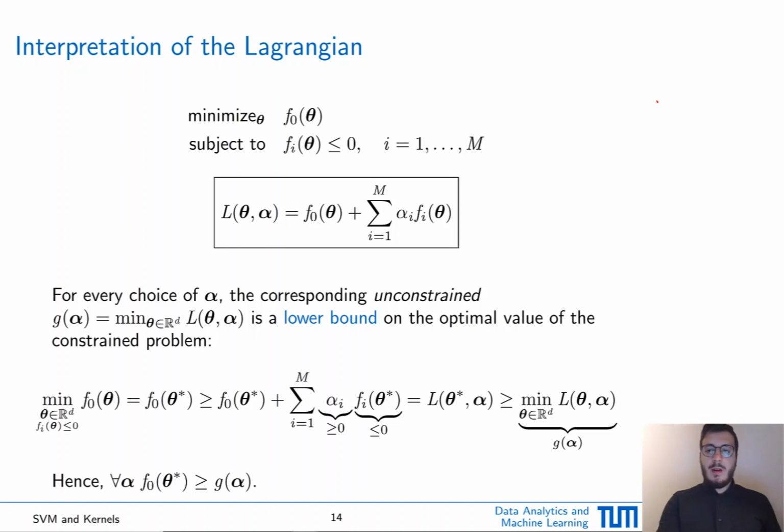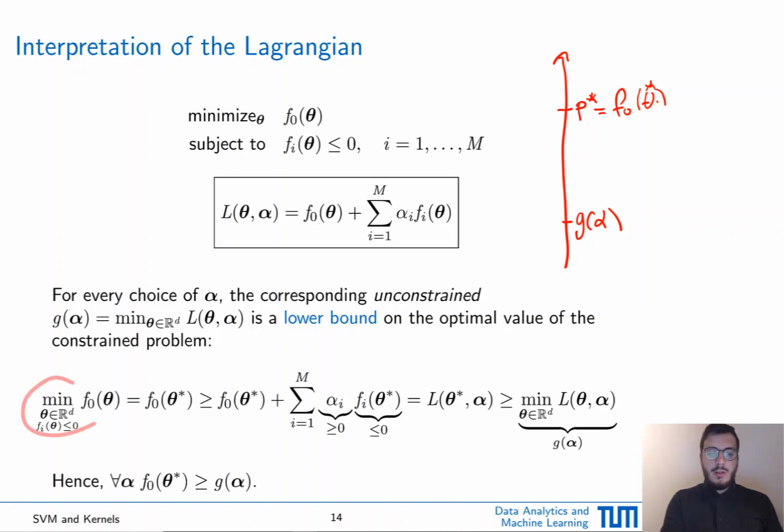So if you imagine the number line, and maybe the value of p star, so the optimal value of the constraint optimization problem is here, which corresponds to f of 0 of theta star. What holds is that for any value of alpha, really any alpha that you plug in, we always get a value which is below this. We always get something which is a lower bound. Let's see why this holds true.